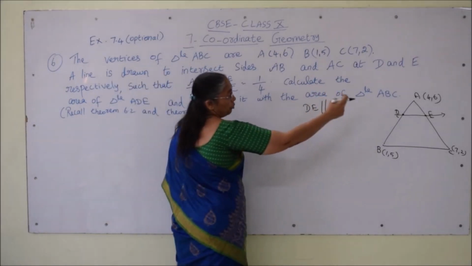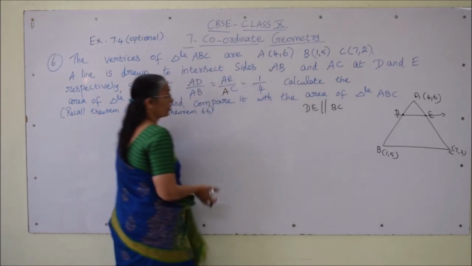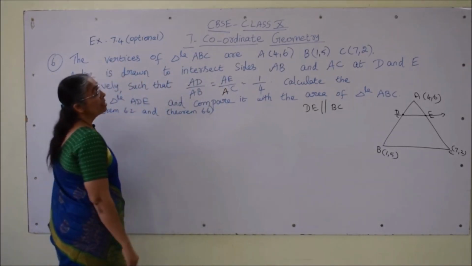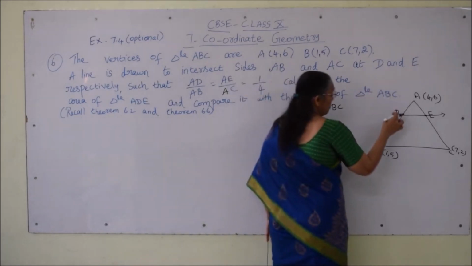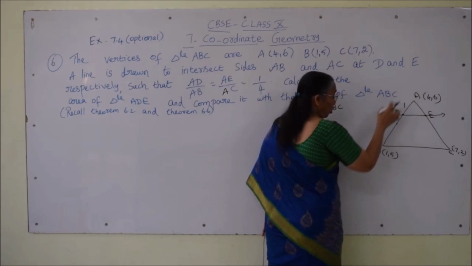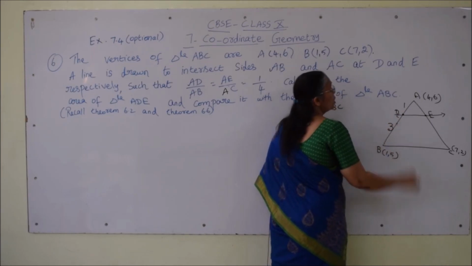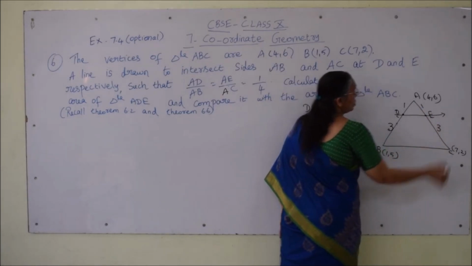Now, to find the area of triangle ADE, we have to find the vertices D and E. AD by DB ratio is nothing but this, AD is 1, the total is 4. So, this will be 1:3 ratio, and again this will also be 1:3 ratio.